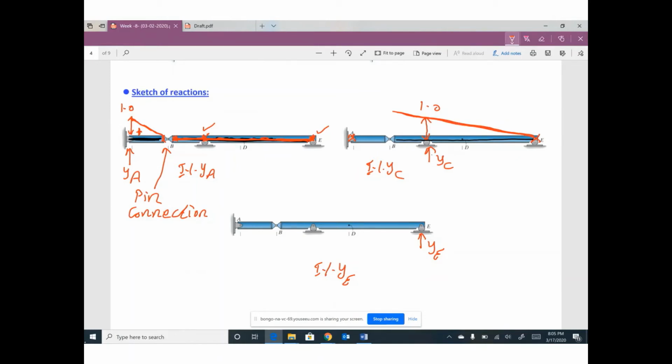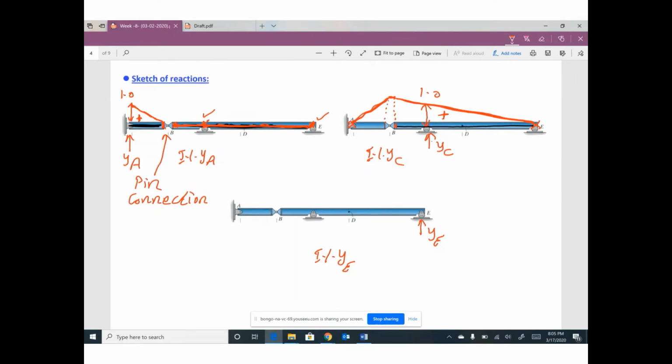Keep in your mind that this connection, the right side of this connection moved up here. That means the left side must move up to follow the right side. So the new shape of this member looks like this. The influence line for YC.